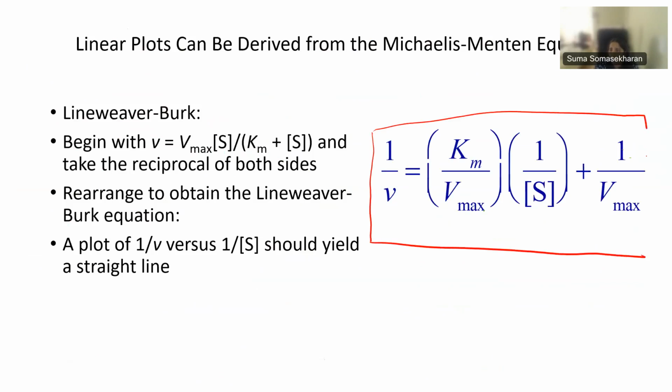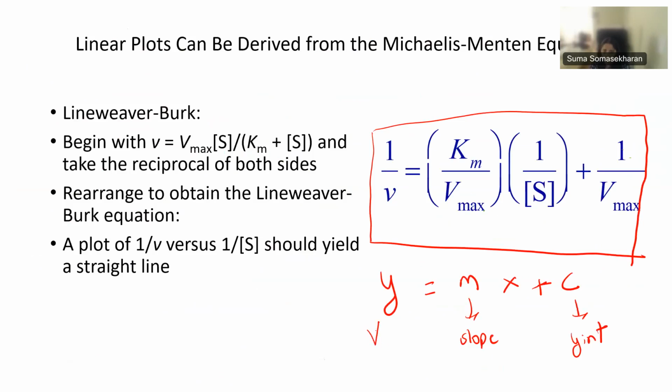1 over V is equal to Km over Vmax multiplied by 1 over S, plus 1 over Vmax. This fits the line equation y = mx + c, where m is the slope, c is the y-intercept, y is velocity and x is substrate concentration.